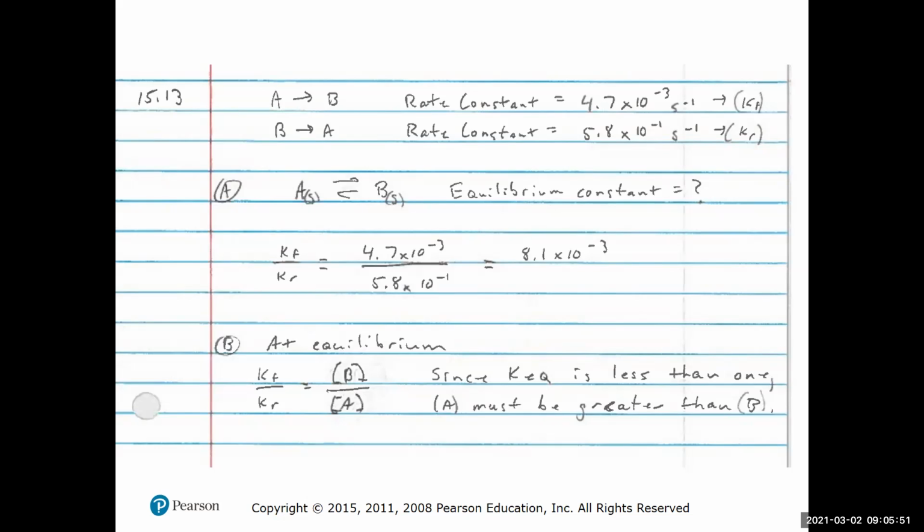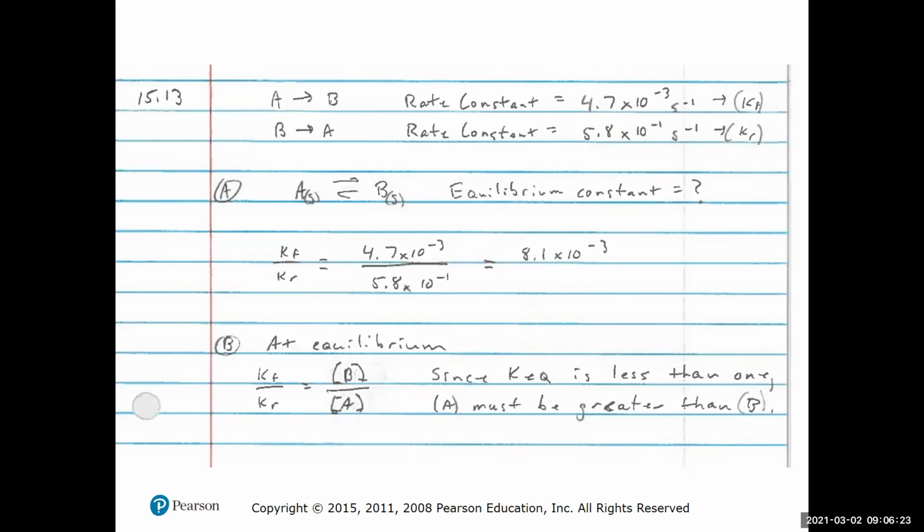So if we have A going to B, and we want to write what that equilibrium expression is, it would be the concentration of B, our product, divided by the concentration of A, our reactant. Well, we said before, when we calculated in part A, that equilibrium constant was 8.1 times 10 to the minus 3.